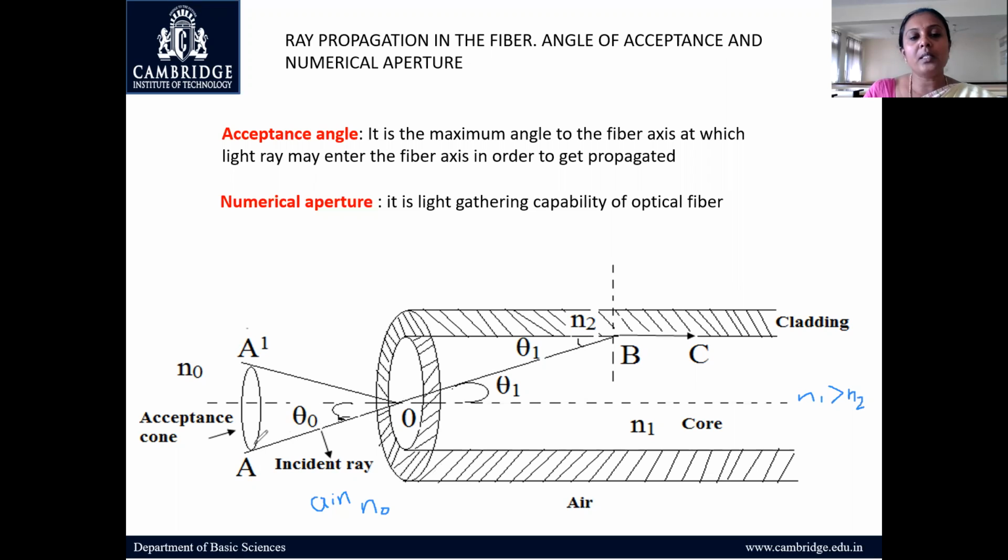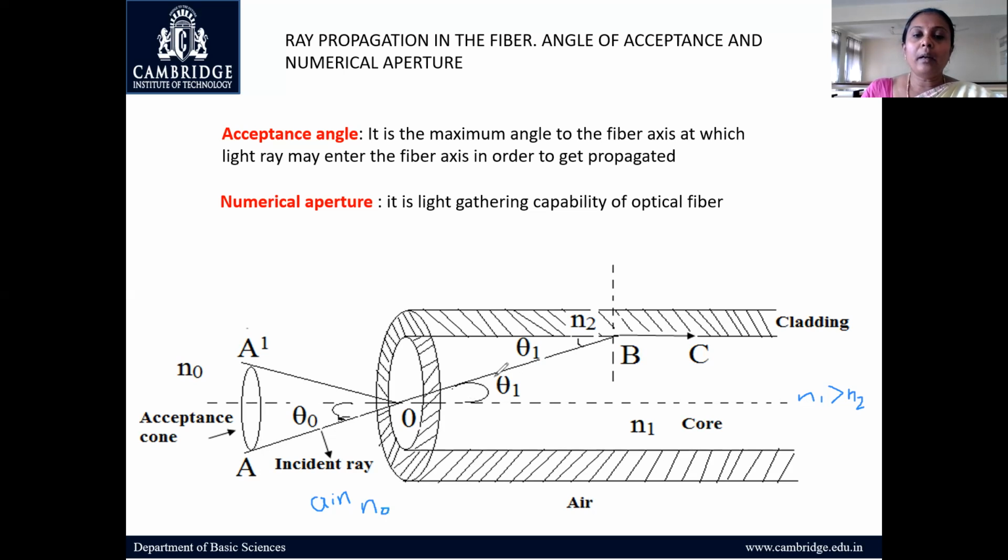Then what will happen when a ray is incident from the air medium to the core medium? The ray of light gets refracted. The refracted light ray we call OB, so OB is the refracted ray with respect to the incident ray AO. The angle of incidence is theta naught and the angle of refraction is theta 1.